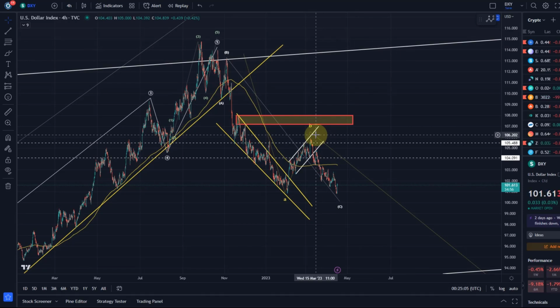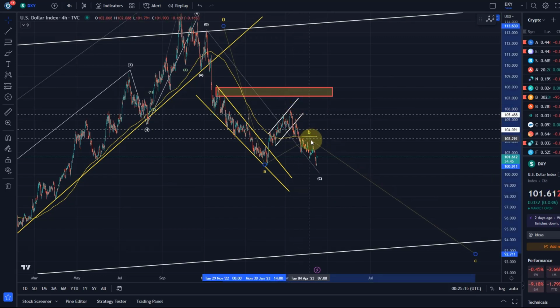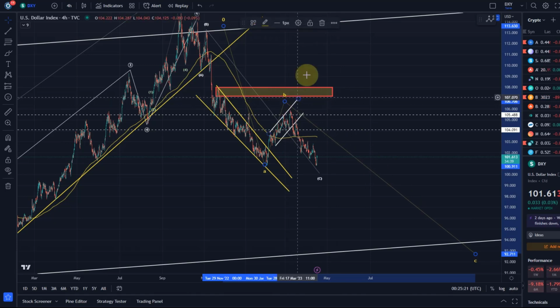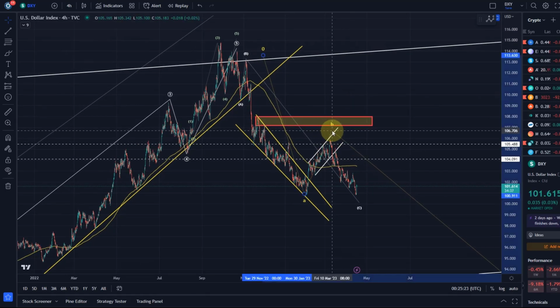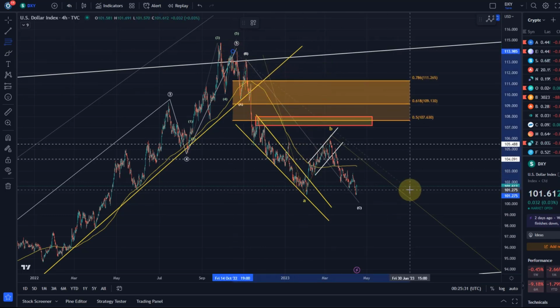Right, this is one scenario with that shallow B wave. What would need to happen for that? Let's talk about that in a minute. At the moment, I think another count is even more likely, because this B wave was so shallow. If this really was in already, it's unlikely for me, because let's measure the move down.